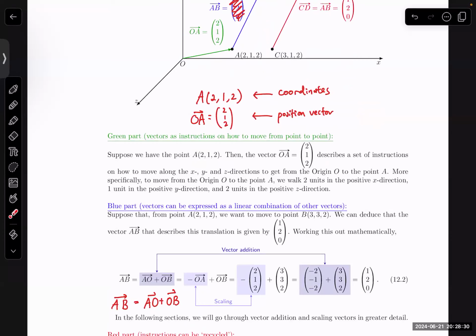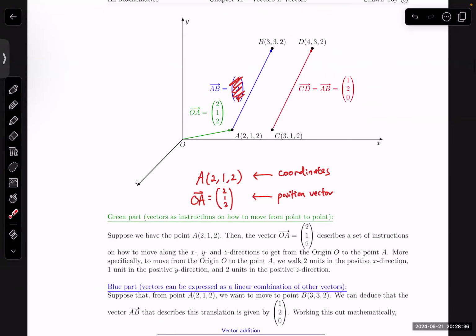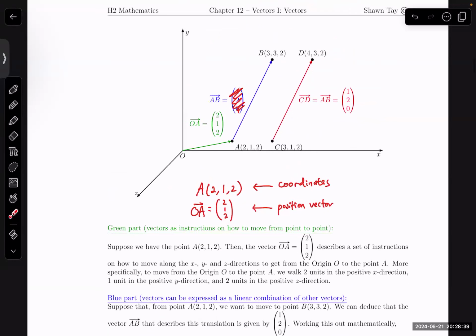Now, the interesting thing, or the useful thing about vectors, is that if you think of vectors as a set of instructions, then I can kind of recycle the instructions.